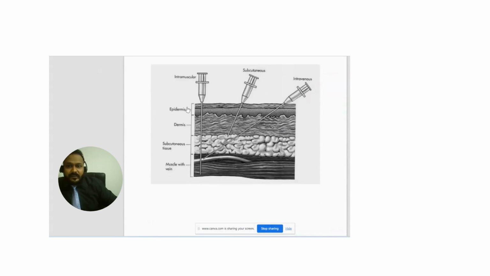Here you can see the different layers of skin: epidermis, dermis, subcutaneous, and this is muscles. Veins are present below the subcutaneous tissue in the muscles, and intramuscular injections are given at an angle of 90 degrees directly into the muscles, and subcutaneous is given to this layer, and intravenous is given to the vein.